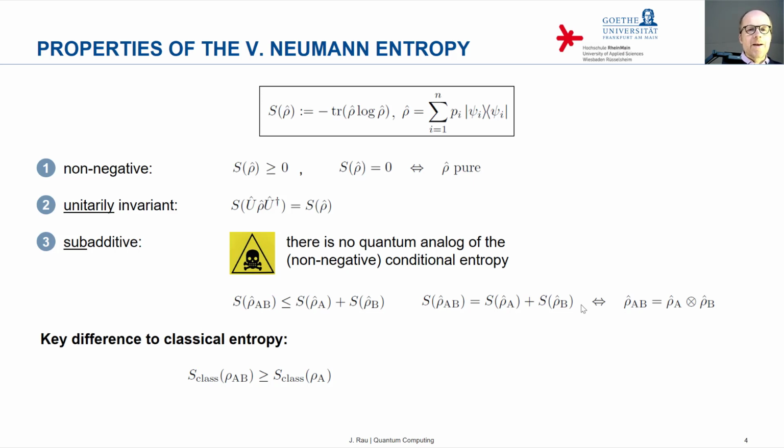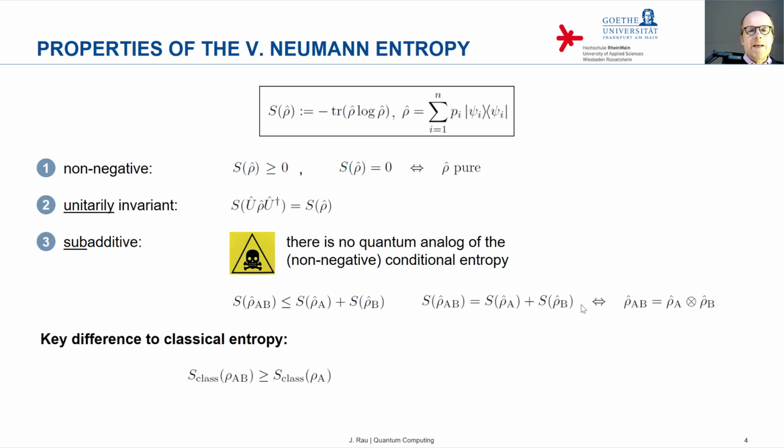So the von Neumann entropy associated with this reduced state is 1. So here we have a specific example where the joint entropy is 0 and the entropy of one constituent, of one subsystem, is 1, and therefore this classical inequality is violated. In fact, it's violated whenever you have an entangled composite state.